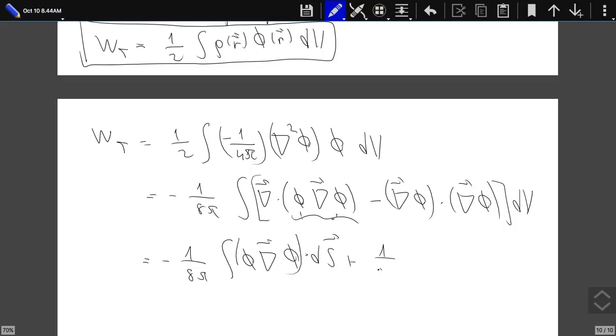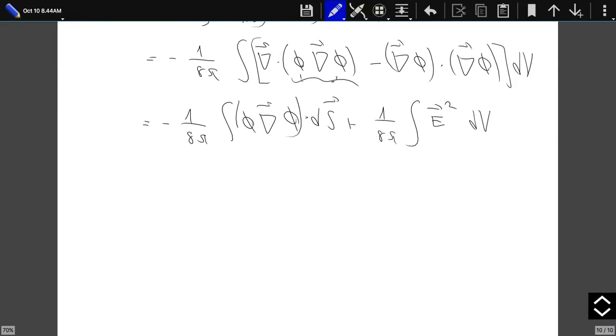Plus 1 over 8 pi. The gradient of phi is minus the electric field, and I have two of them, so it just becomes the electric field squared, dV. If you imagine the surface to be at infinity, the potential is 0 there, so the first term is 0.